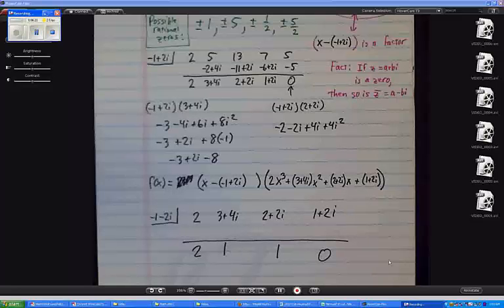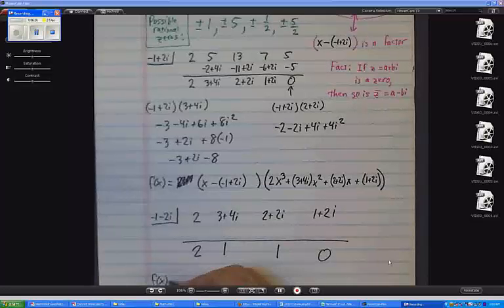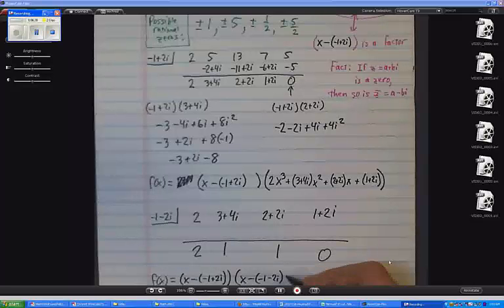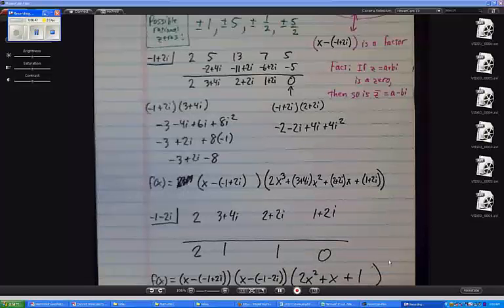So now I get f of x is (x minus (-1 plus 2i)) times (x minus (-1 minus 2i)), and then I get the rest of this, 2x squared plus x plus 1, from this 2 and this 1 and this 1.